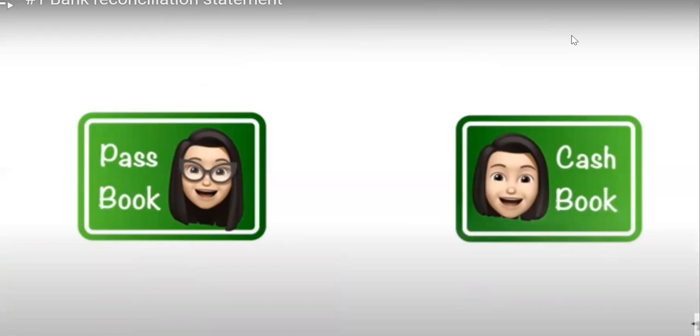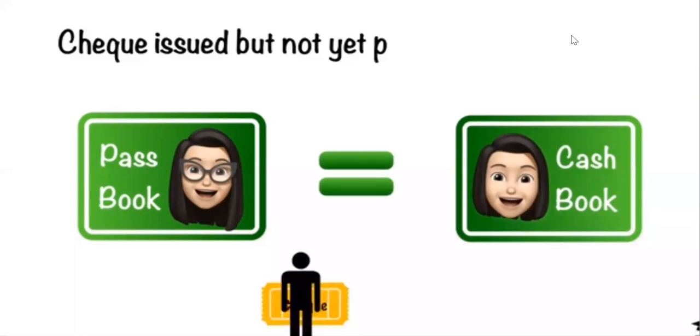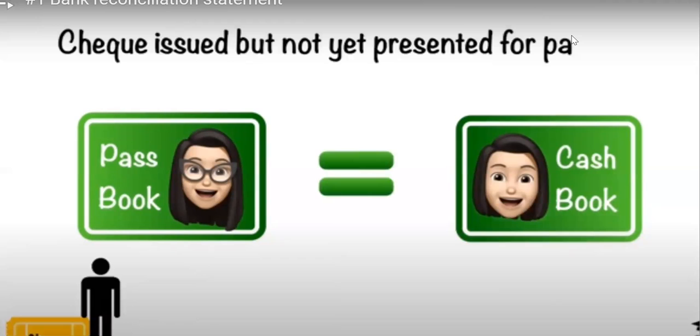If the passbook and cash book are equal, then happy. If they show the same balance, there is no need to prepare any statement. But it is not always so, and we have to equalize them, because our cash book also has a bank column.